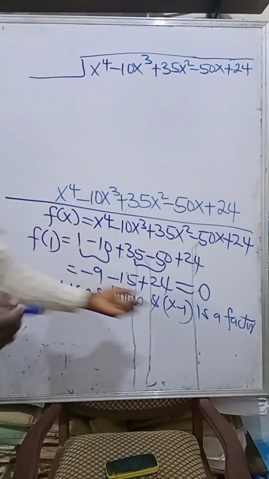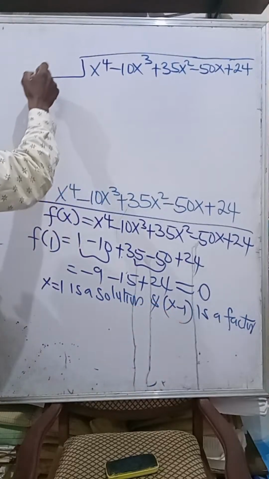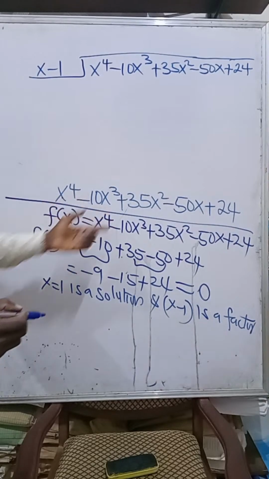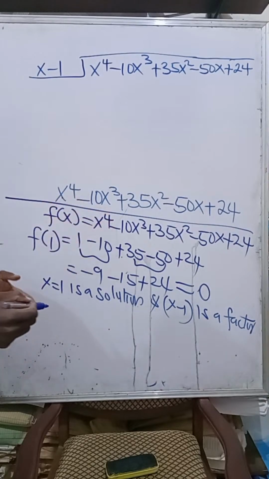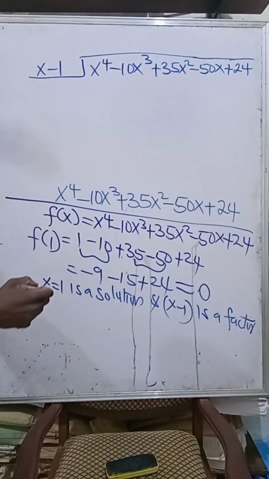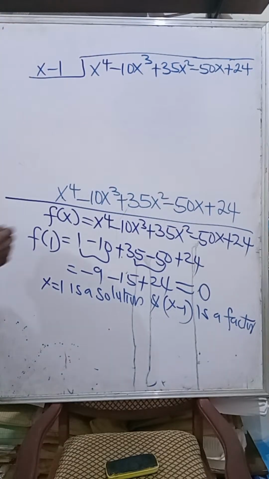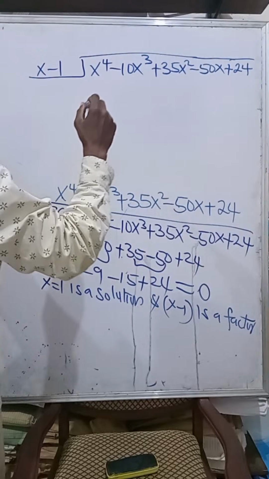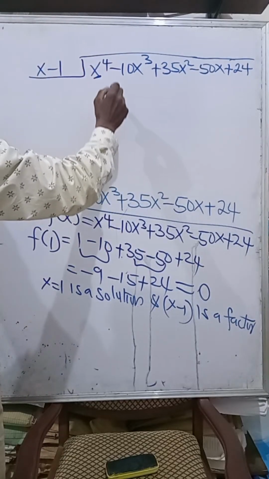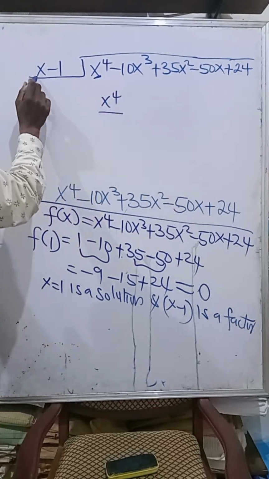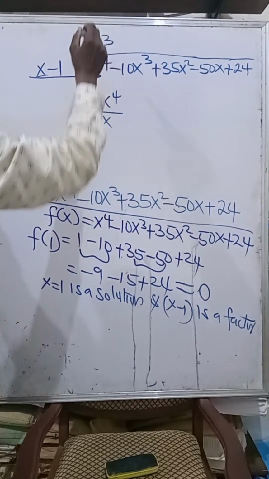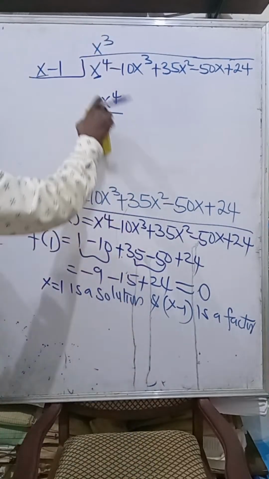Then x minus 1 is a factor, now going to be the divisor. We're going to use it to divide the polynomial. So what we're going to do now is take the first one here, x to the power 4, over the first one here, and that will give us x cubed.